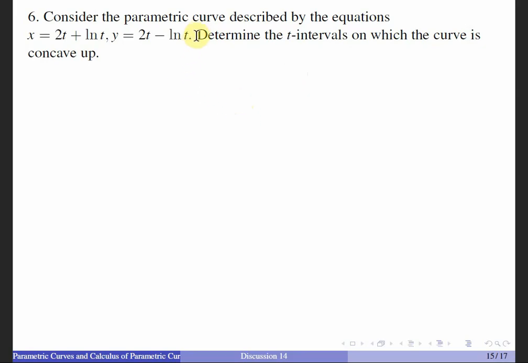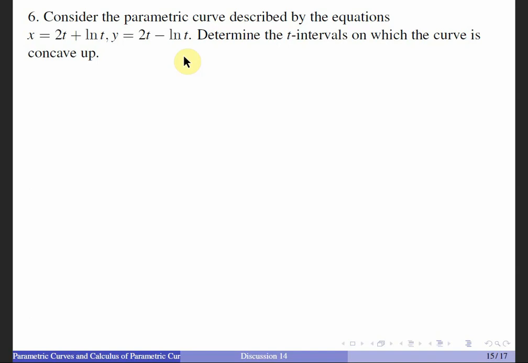This already gives us a restriction for the t interval. Logarithmic expressions are functions only when t is in the interval 0 to positive infinity, open. So we will just be restricting t there.